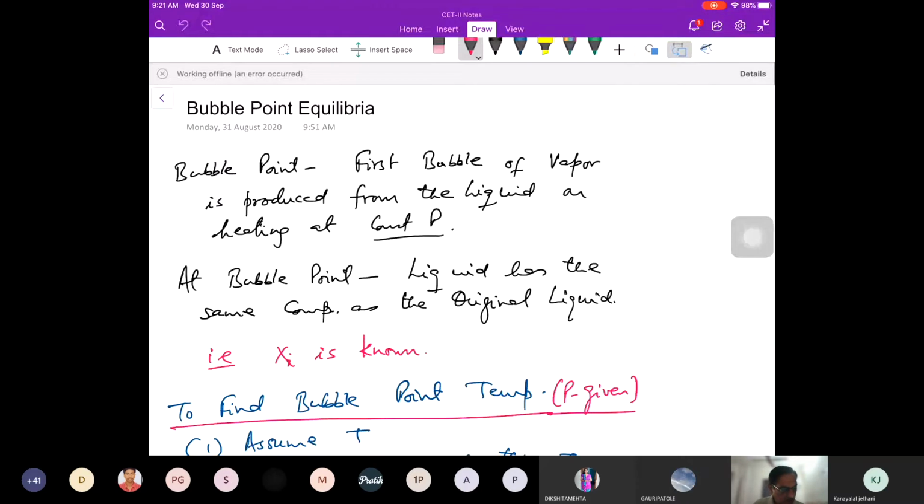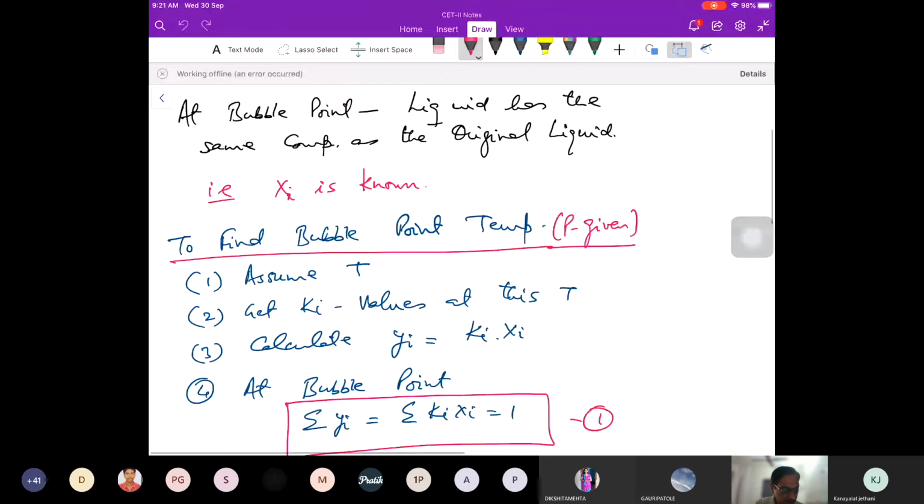So if I take a liquid of composition xi, what is the vapor composition in equilibrium with this liquid? We know the composition of liquid xi, and we need to find the composition of the vapor. To find the bubble point temperature, the pressure is given, and the liquid composition is given.